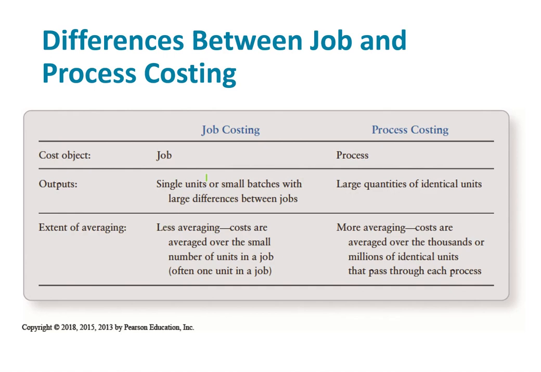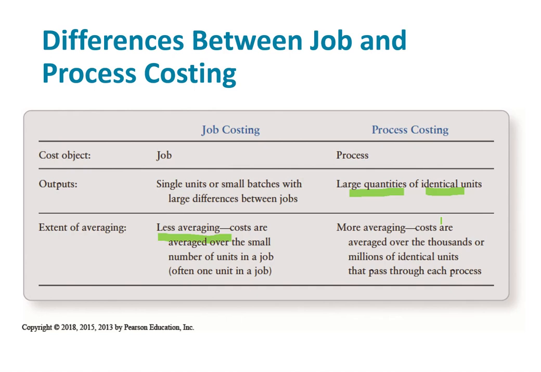And as we mentioned, this is job costing, single units or small batches. And what you're going to do is look to see what is the average cost. So each of these batches or units would have its own average cost, okay? Process costing is where you have these large quantities, where you have identical units. For example, computer chips. You kind of bake them in the oven and you put the electronic parts on it, and you may have 1,000 different chips for computer processing.